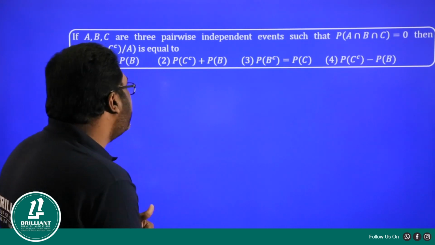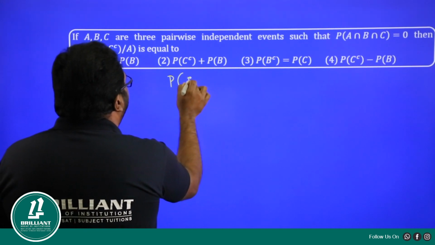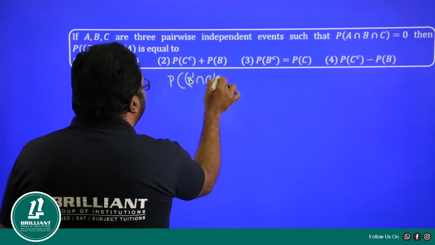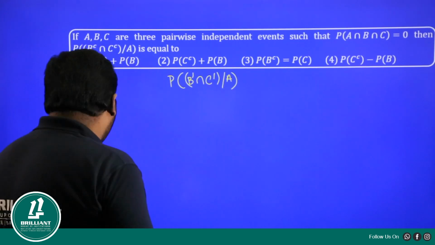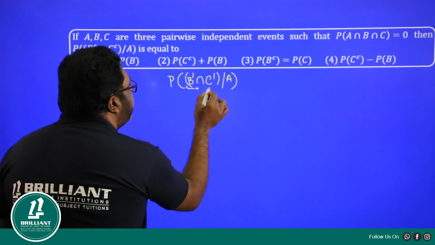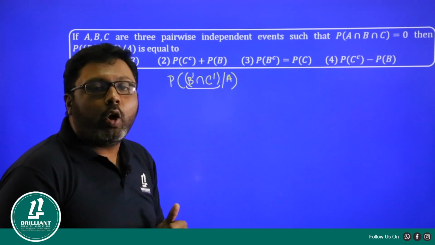Now I'm supposed to find the value of what? The value of the probability of B complement intersection C complement, given A. Now, a lot of properties come under this question. I'll discuss them one by one. The first thing is what happens with B complement intersection C complement. We can use De Morgan's law.